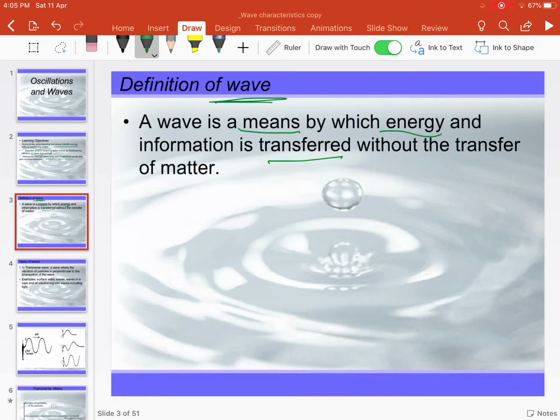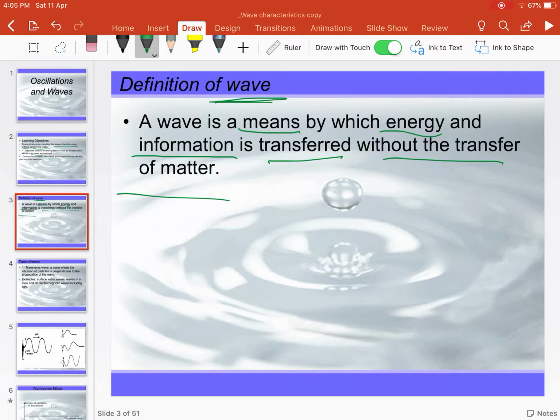We're not just transferring energy, we are also transferring information, because all this telecommunication that's going on, all the signals coming to your phones, all the signals we're getting through the internet, they're all waves. So they are transferring information, but you have to say this, without the transfer of matter.